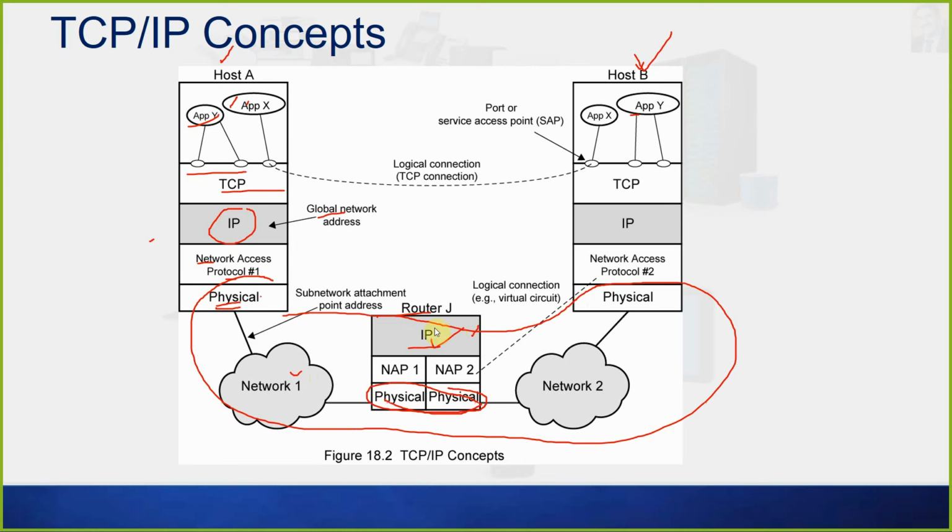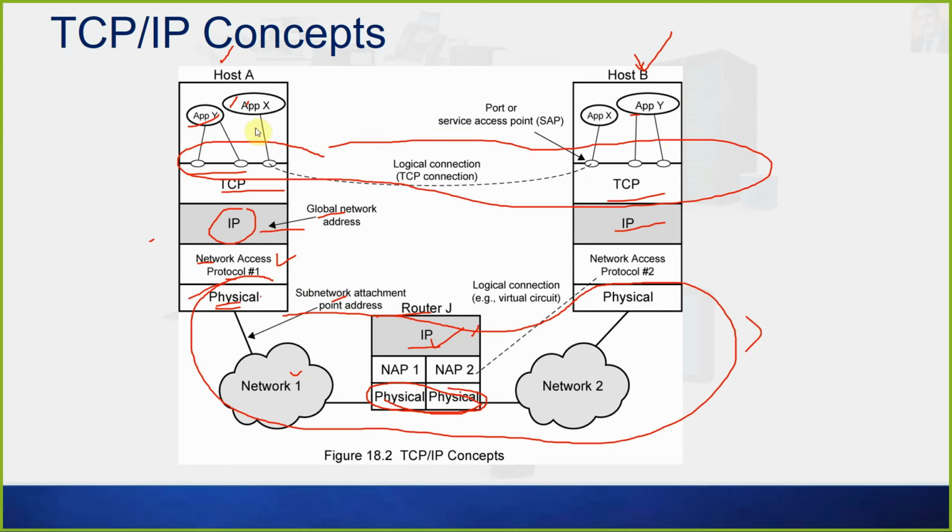Once the physical connection is established, we use the network access protocol, that is, subnetwork attachment point addresses. Then we have IP and then TCP. This connection is a logical connection. The physical connection happens at the physical layer. The connection between applications happens at the logical layer. We call it a TCP connection or logical connection.